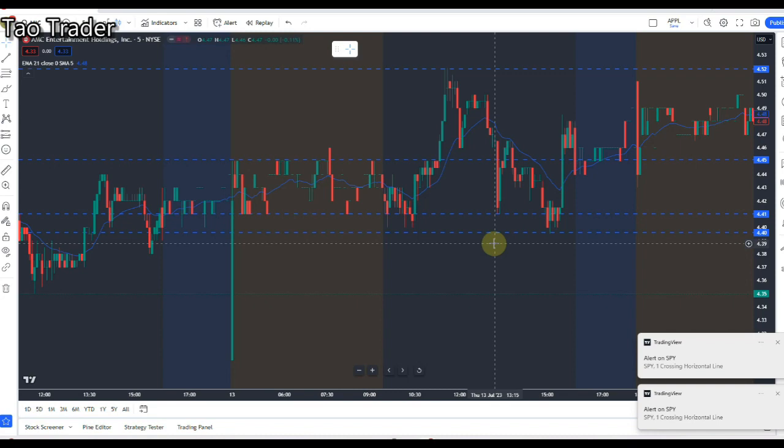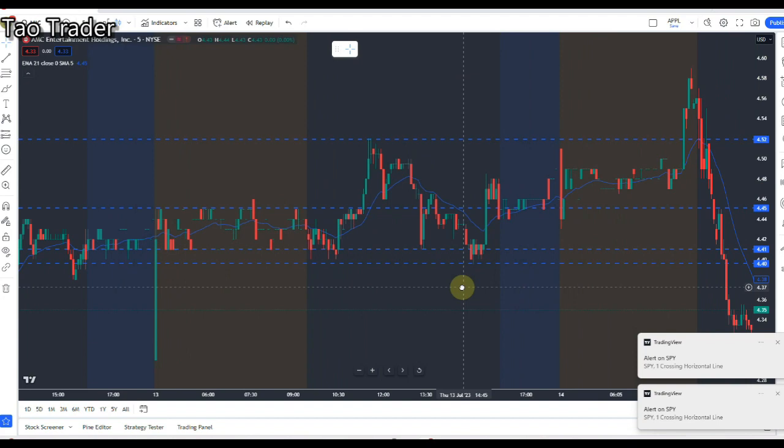Absolutely vital that you have those in your support and resistance lines. Okay, and really you could get by most of the time just with yesterday's high, yesterday's low, and a bottom support area for pre-market and a top resistance area for pre-market.